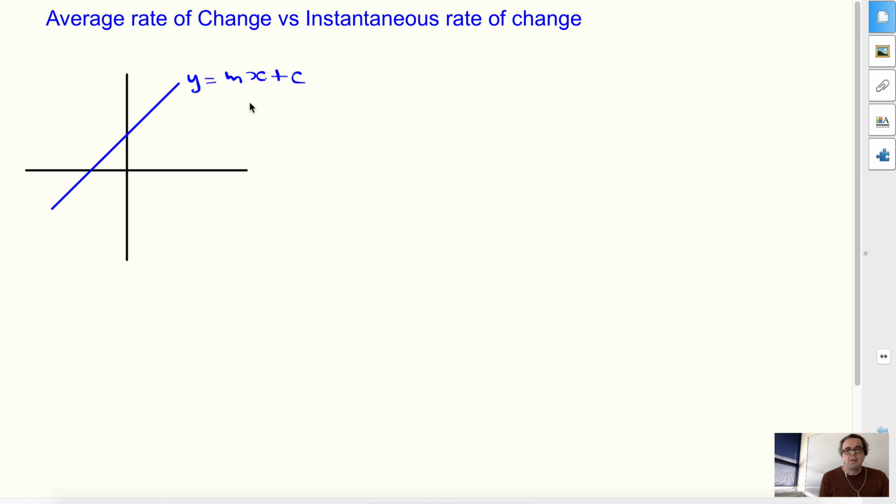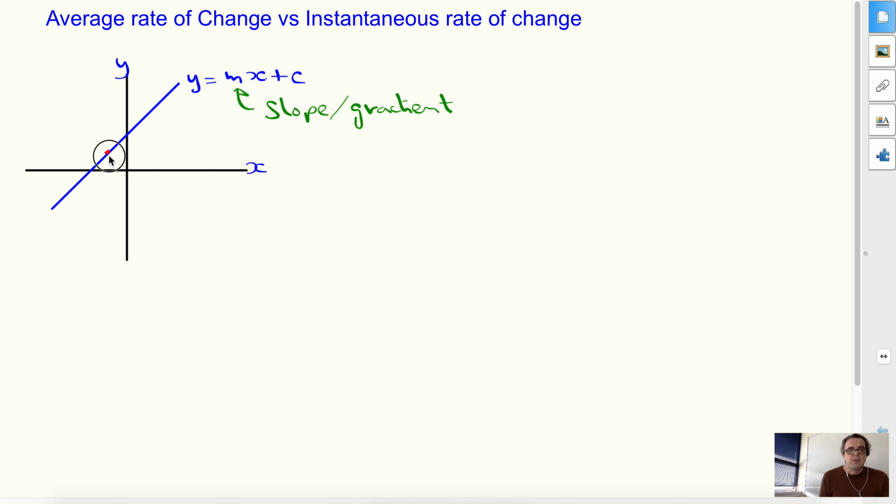And especially the m here is of importance because that's the slope, also known as the gradient. And it tells us how much the value of y changes when the value of x changes. So that is the average rate of change.